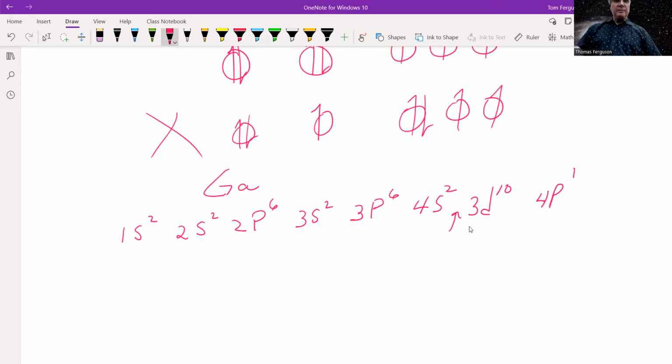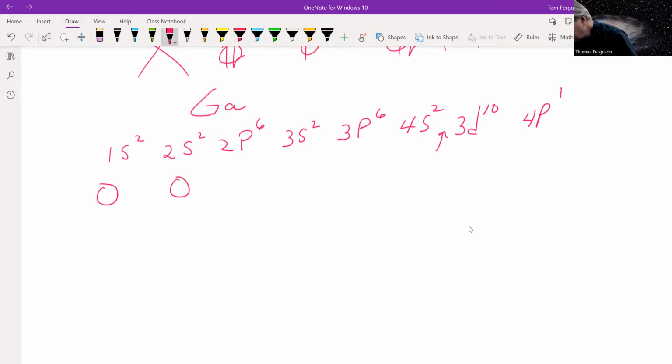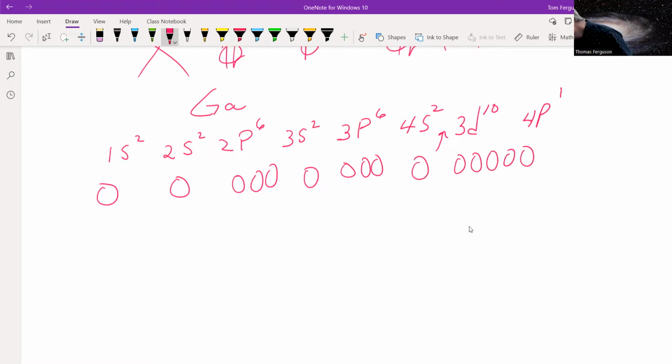Now let's do the orbital representation for gallium. The d block can hold 10 electrons. 10 divided by 2 is 5. That's why there are 5 orbitals for the d's.